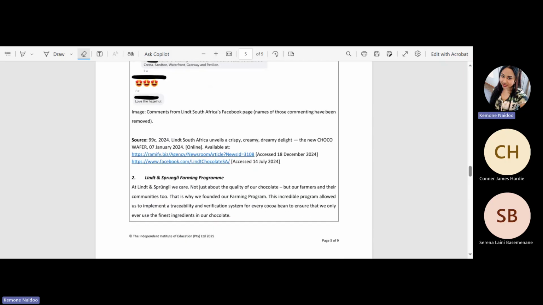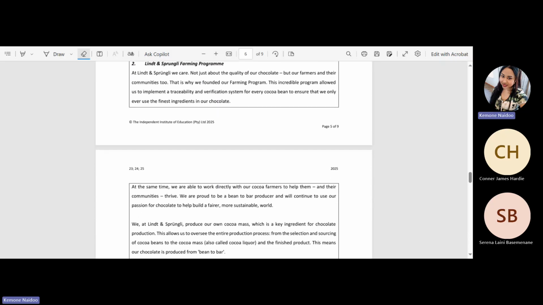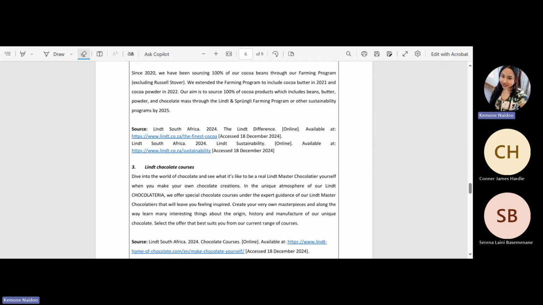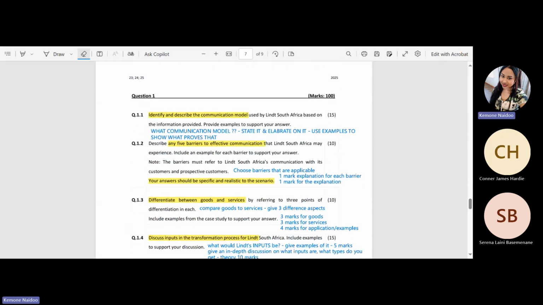And then they do give you the source. So if you want to read more about it, there's two links here that you can go into. And then it continues. So it gives you a lot more information about the farmers and the communities. Okay, so this really dives deep into Lindt chocolate.